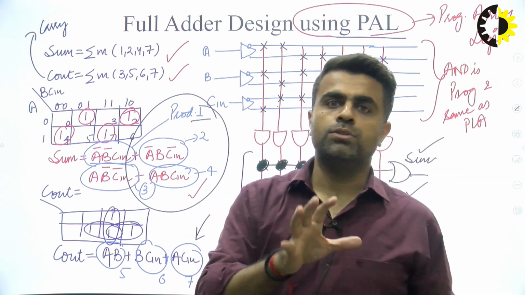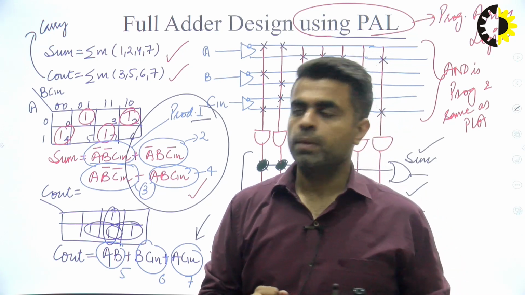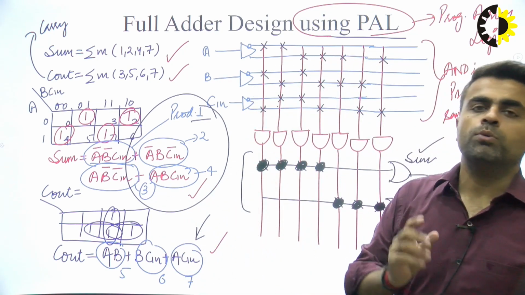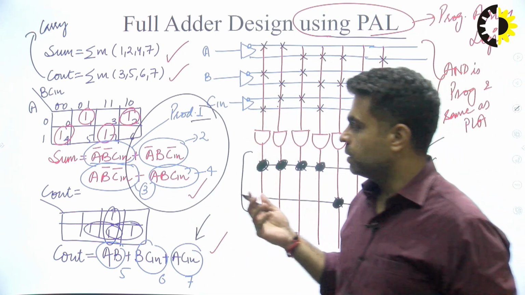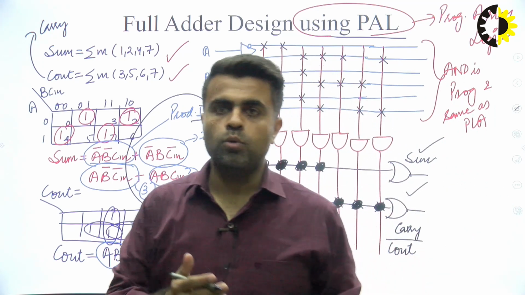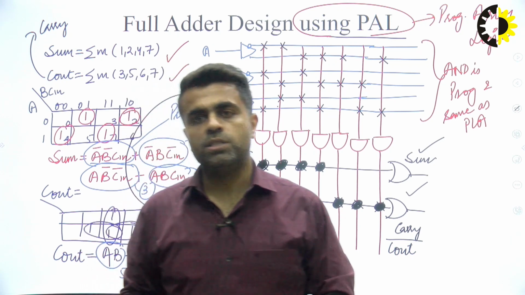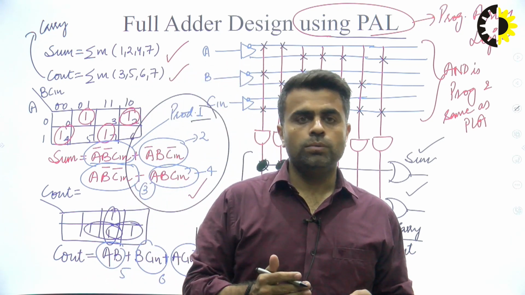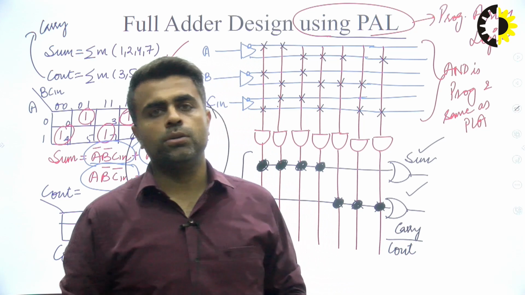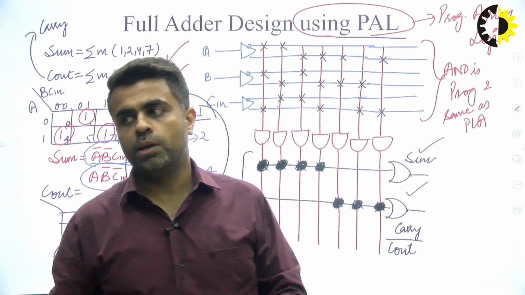There is a constraint associated with this PAL now because the OR part is not programmable. So this is the basic difference between ROM, PLA and PAL. How these 3 different programmable logic devices can be used to realize any circuit.